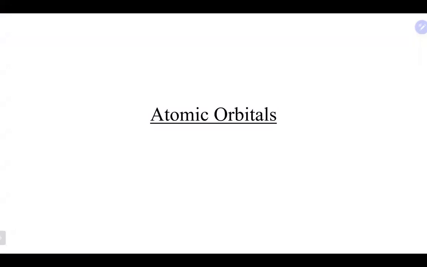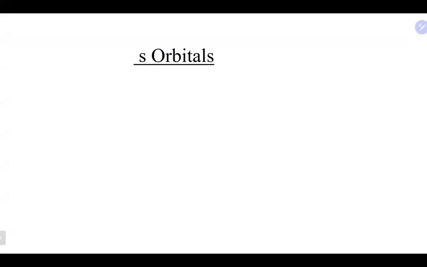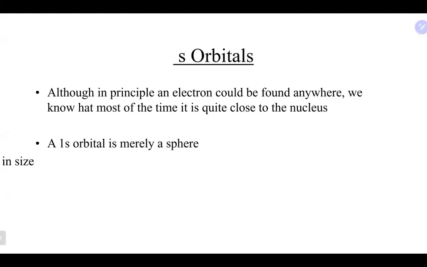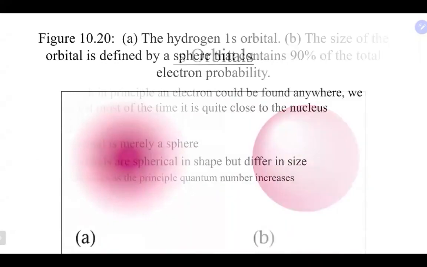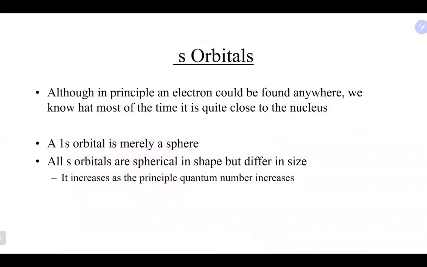So let's talk a little bit about these atomic orbitals. There are different types of atomic orbitals, and the first type is an s orbital. And s orbitals are spheres, so they're basically circles, and we do find s orbitals on every energy level.